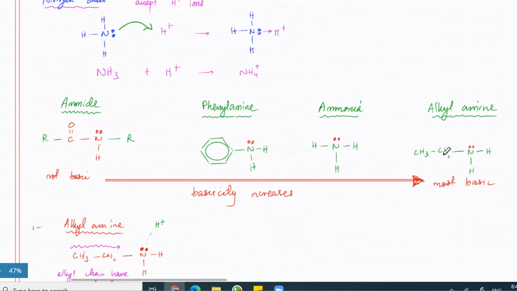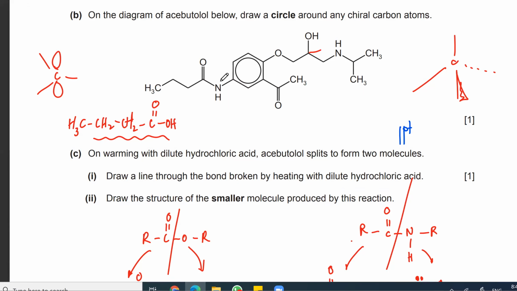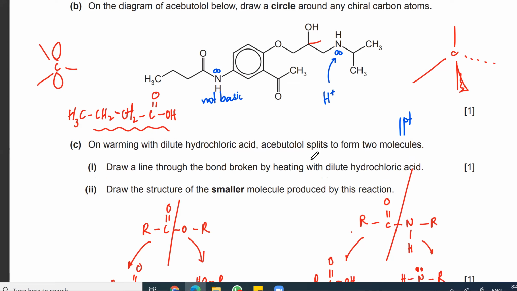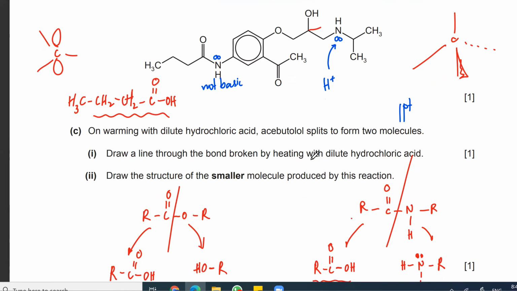The others are basic. So you've got an amide over here, and this amide is not basic. But you've got an amine over here, and this is basic, so the H+ would be attracted to that. It's going to be slightly basic, just like ammonia.